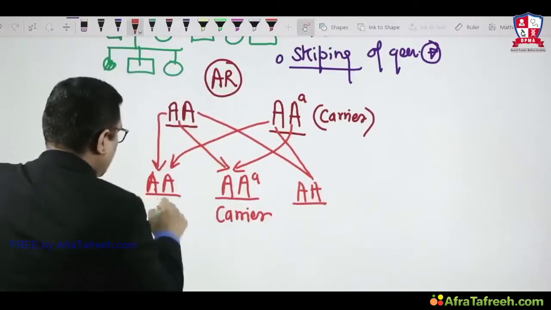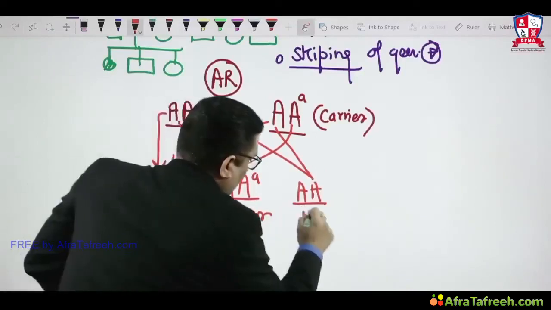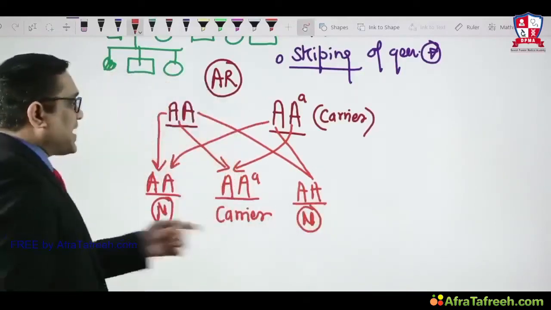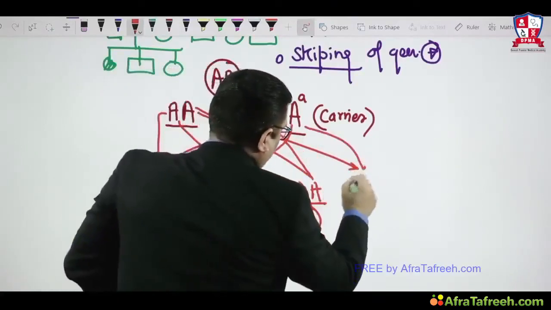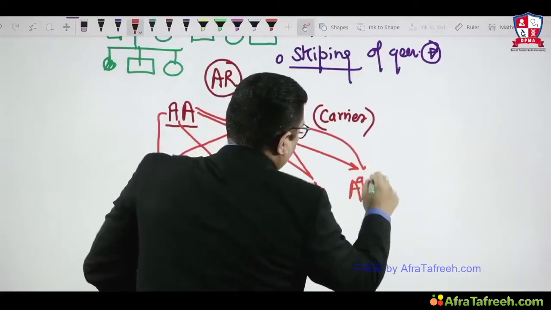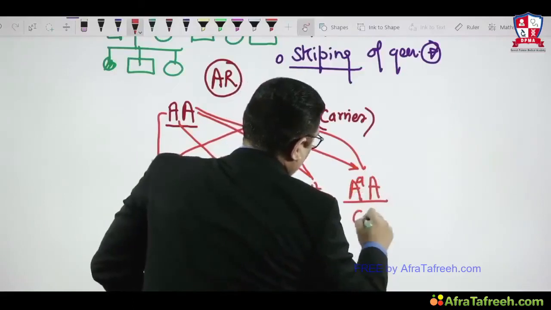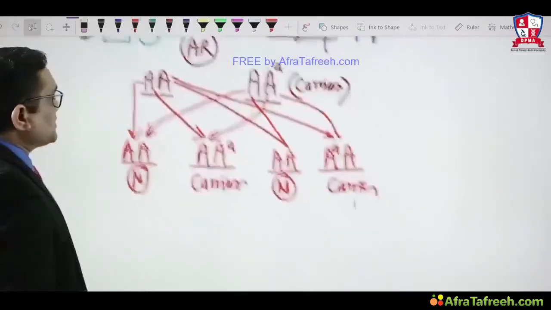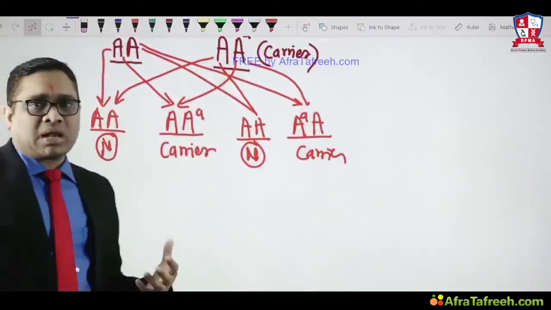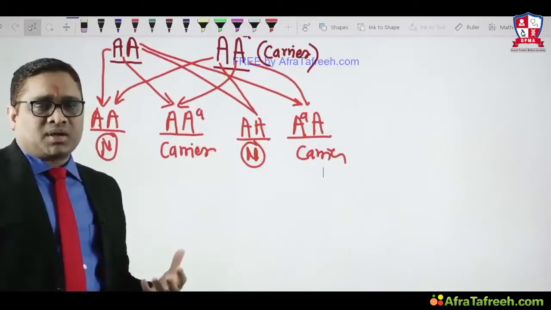So we can see these are normal and this one is carrier. Again you see this one and this one. What is happening? Again one is affected, one is normal. So this is again carrier. So now we can see this is an autosomal recessive disorder. That is how we have to analyze in exam time.